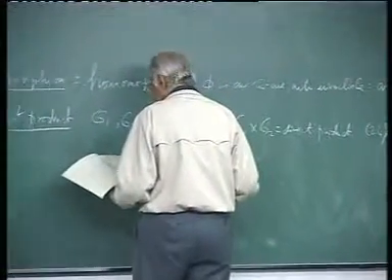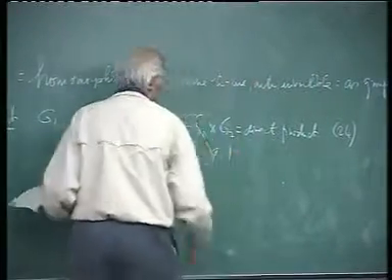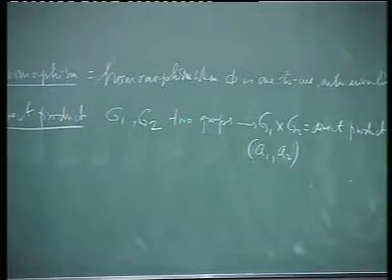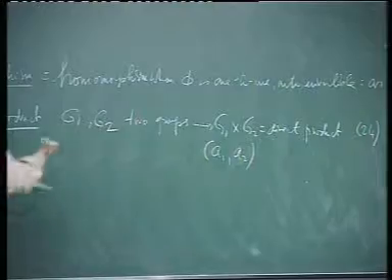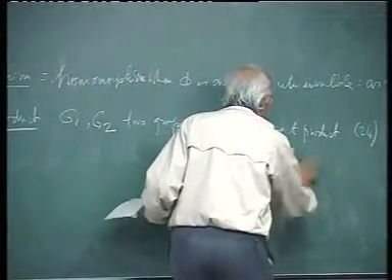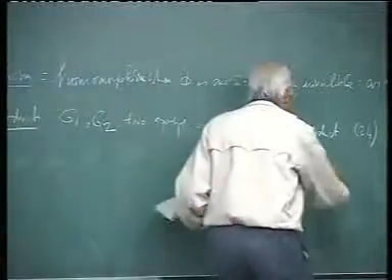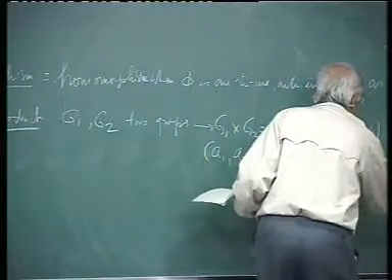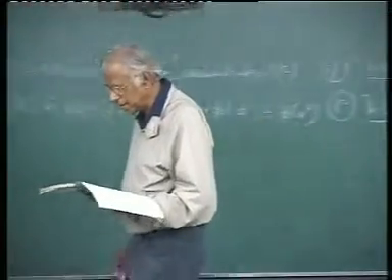I will write (A1, A2), where A1 is an element of G1 and A2 is an element of G2, and you pick them independently. Then you take another such pair, (B1, B2), and you define the multiplication to be (A1 B1, A2 B2). Each group minds its own business.